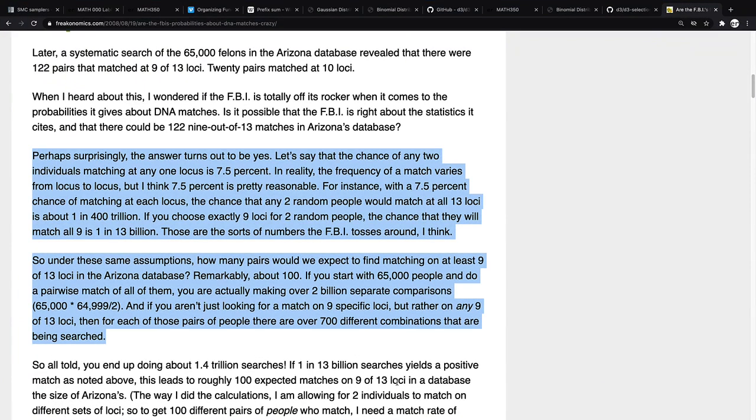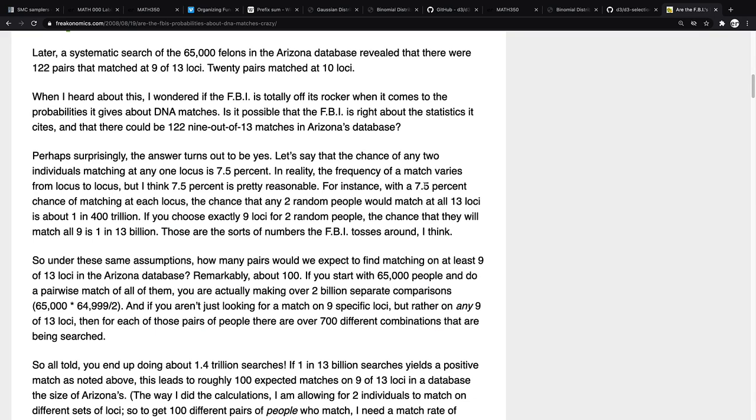The first number I'm going to point you to is this 7.5%. That is the probability P that any two individuals match at a particular location. Now, I don't know where they came up with this 7.5%. That's beyond me in the world of genetics. But we will use that in our calculations.